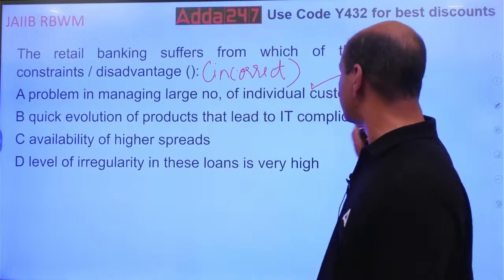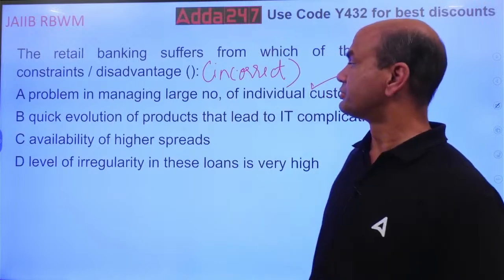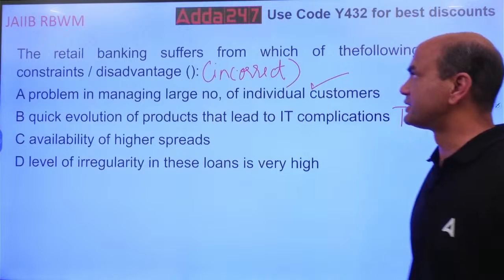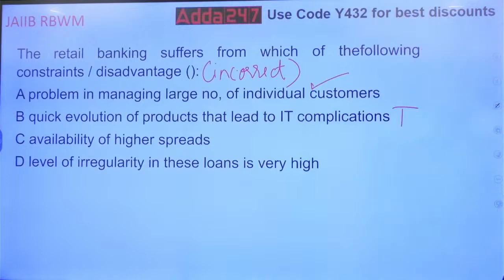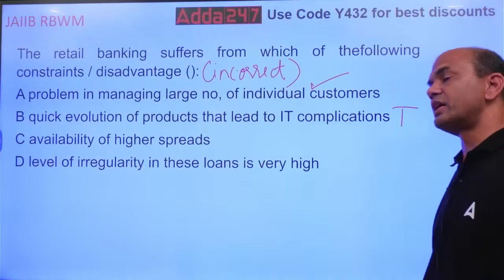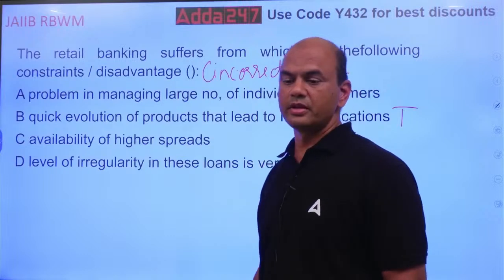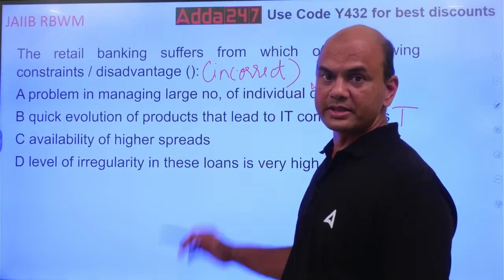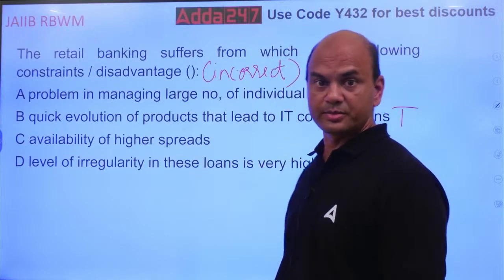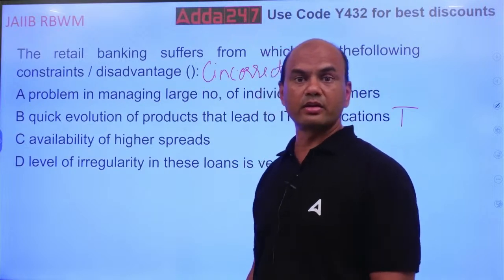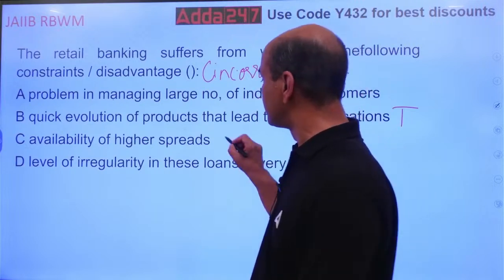So this is also true. Availability of higher spreads. Level of irregularity in these loans is very high. Now the only point is between these two. Is it availability of higher spreads? Are spreads higher in retail banking? Of course, yes. So this is true.